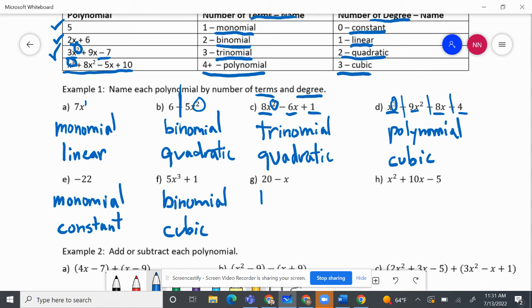For this one, this is also a binomial because it has 2 terms. And this is a linear because the exponent is degree 1. And then what we have is a trinomial. And the highest degree is 2, so we call this a quadratic.